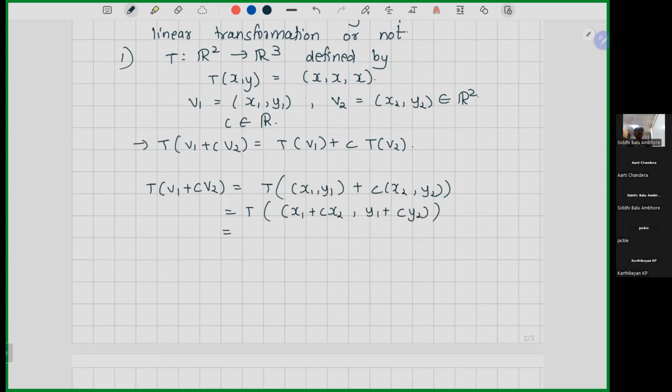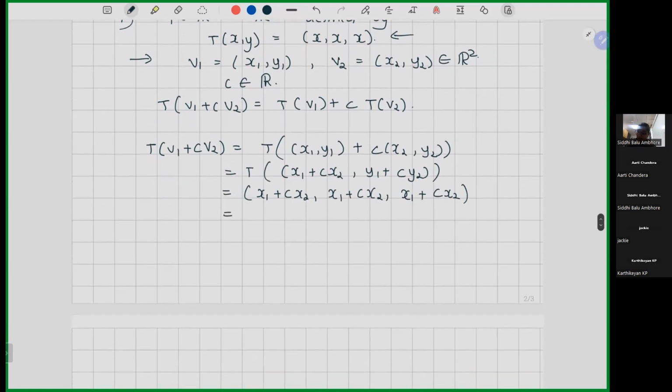From the definition of T, this is x1 plus C x2, x1 plus C x2, x1 plus C x2, right? I'm just writing the definition of T here. If I separate this, I get x1, x1, x1 plus C times x2, x2, x2.